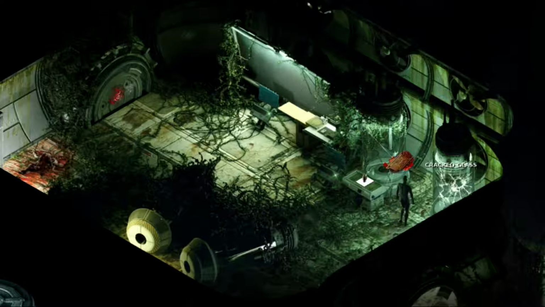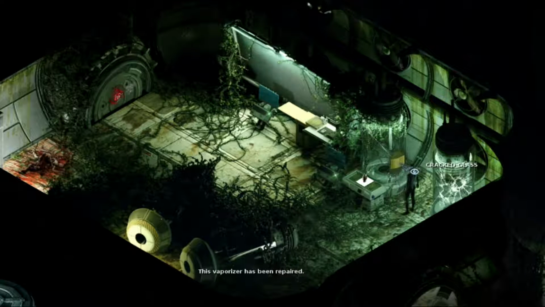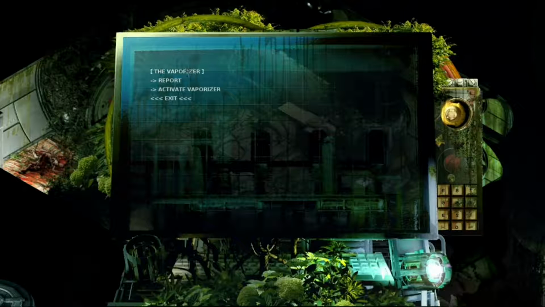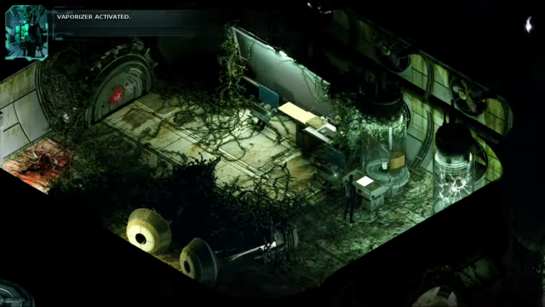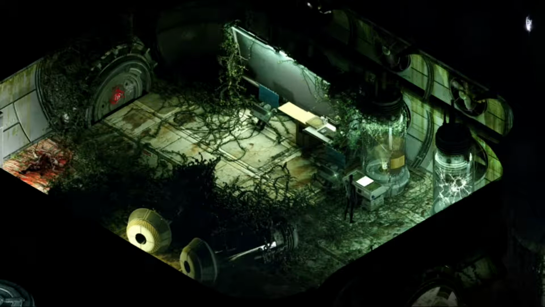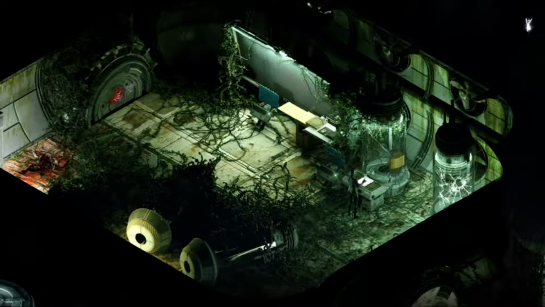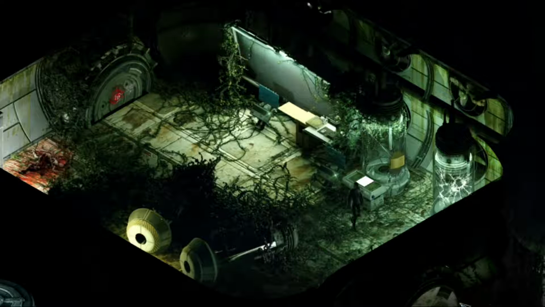This is it. Nice. So now we can activate the vaporizer. Activate. Vaporizer activated. And with this, we should be able to go through the other room. Okay, so let's go back here.